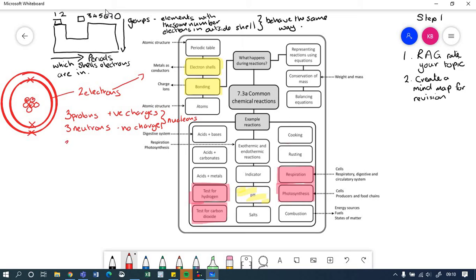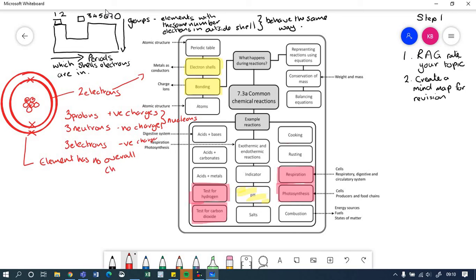And then I've got 3 electrons, which are negative charges, a negative charge. So I've got +3, -3, add them together, 0, in an element. Has no overall charge.